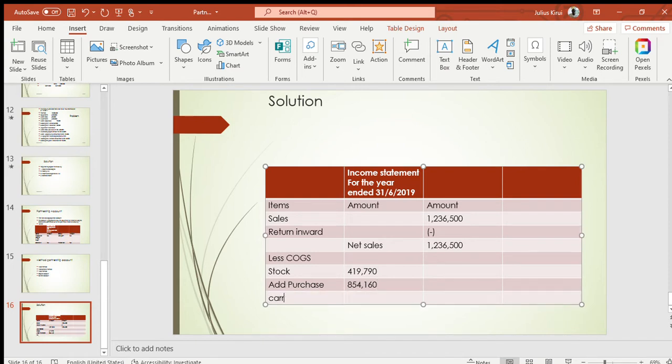You add what again? Carriage. Do you have carriage inwards? So I'm putting this, if it's not there, for the sake of remembrance, so that when you're doing it, you know what is where. So carriage inwards is not there, so you get goods available for sale. So how much is the goods available for sale? 419,790 plus 854,160.